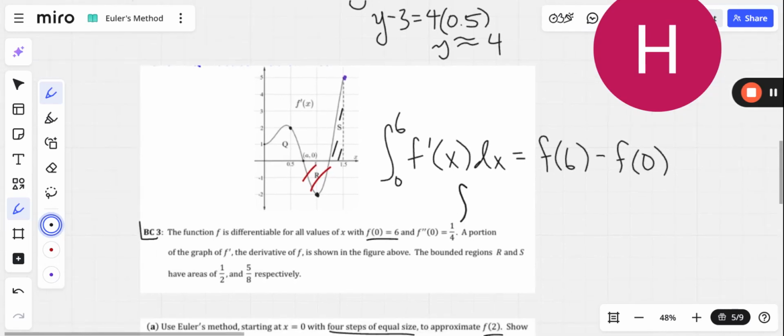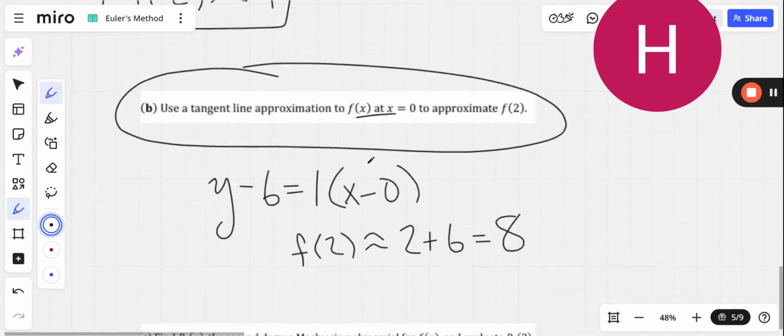So I would be able to take this integral from 0 to 6 and add the initial value of f of 0, which is 6, and that would give me the exact value of f of 6. Now they do give us some bounded regions in terms of area, but unfortunately, they don't give us the area of Q. It would take some work to find that, and then we'd be able to use this.